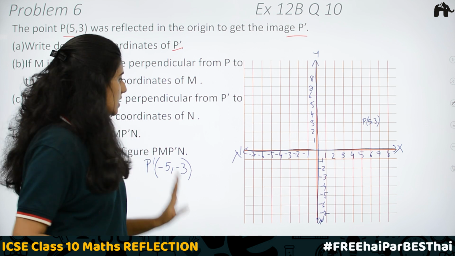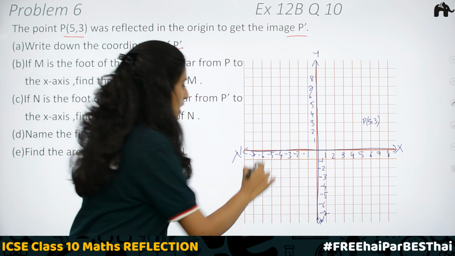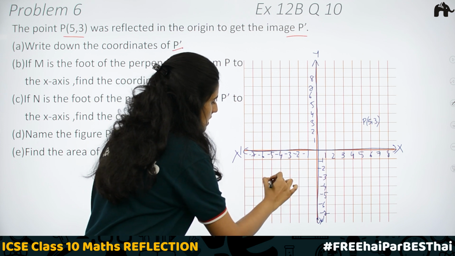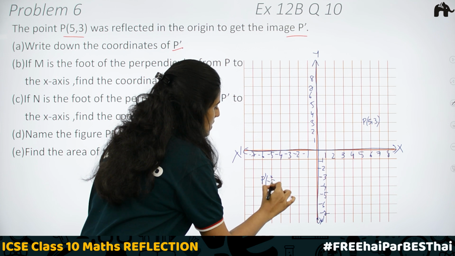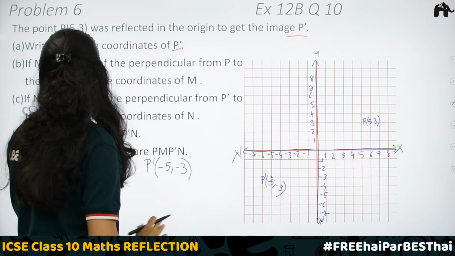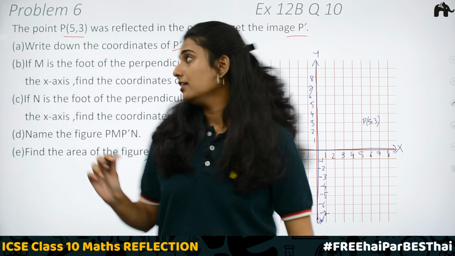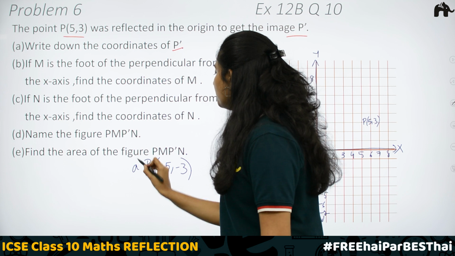Then -3 on the y-axis. This is the point P dash (-5, -3). Now, write down the coordinates of P dash. These are the coordinates of P dash.